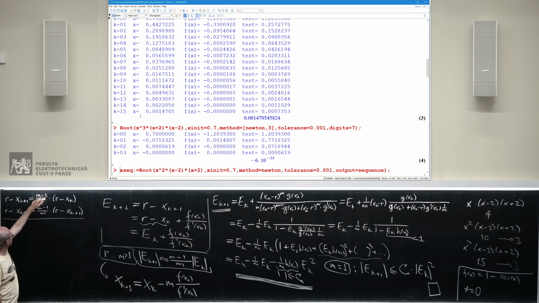Also, I take the first equation multiplied by m, and I do the same with the second equation. So you can imagine that I multiply, and there is mr, it cancels.